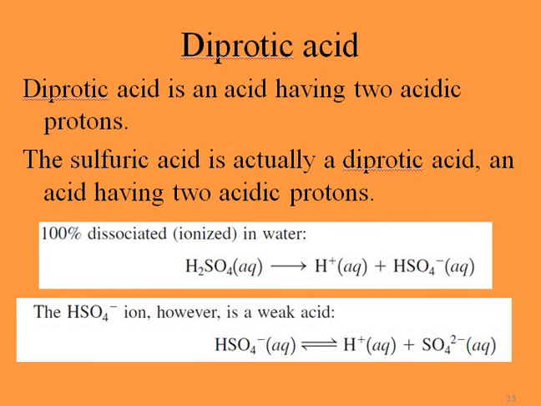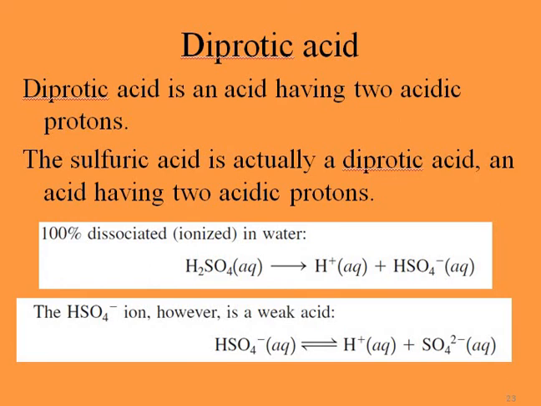So H2SO4 is going to be a one-way, irreversible reaction. It results in a proton and HSO4 minus. HSO4 minus is the conjugate base of sulfuric acid.